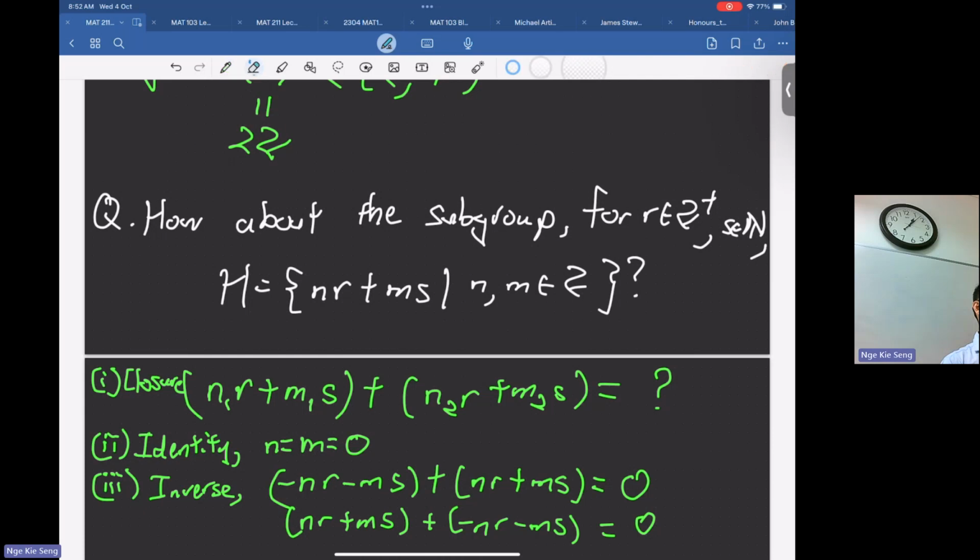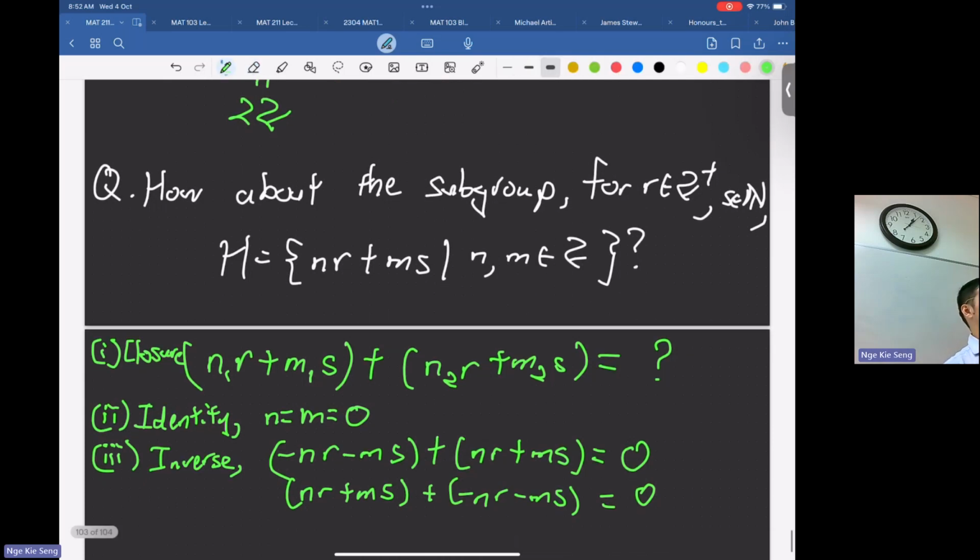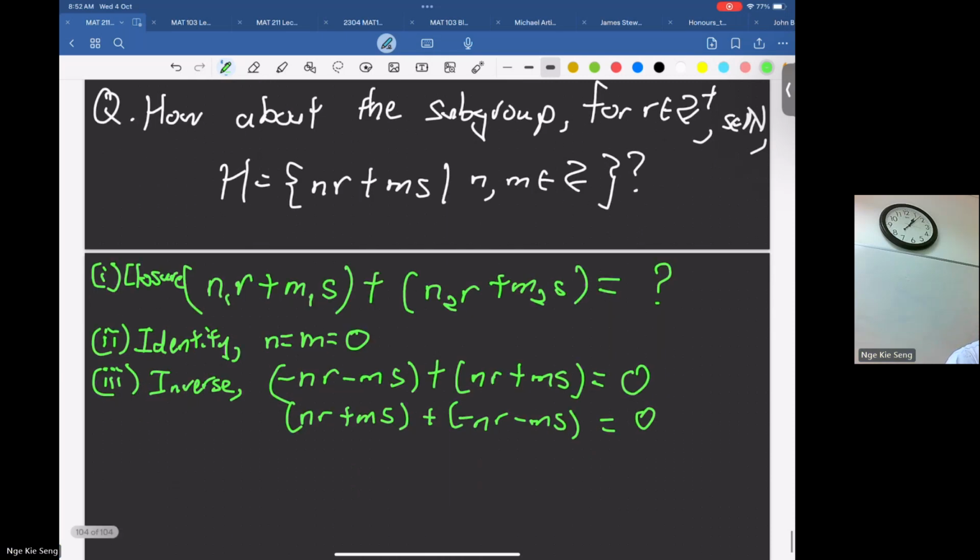Who generates this subgroup? r and x, but I only need one. So who? This is a cyclic group generated by one element only. Yes, the GCD of r and x.